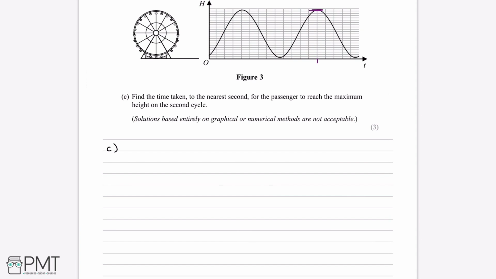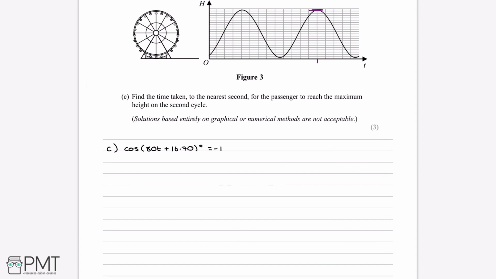Previously, in part B, we stated that at a maximum height, and it doesn't matter which one, so that will include the second cycle, cos of 80t plus 16.70 degrees must be equal to -1 to get our maximum height. And that will be no different for the maximum height on the second cycle.